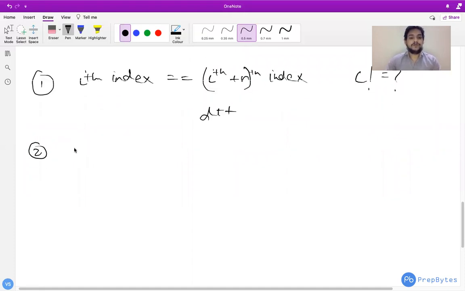Now, when there is one question mark at the ith index, and we are getting a question mark here, is equal to question mark, we will increase the counter.